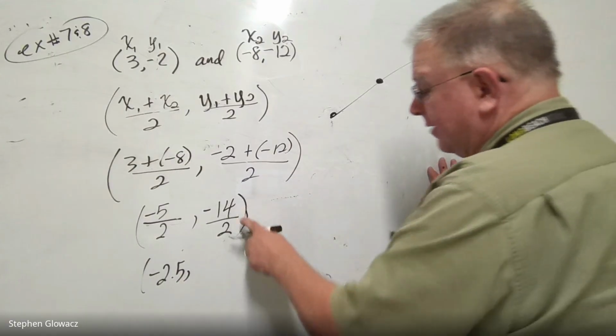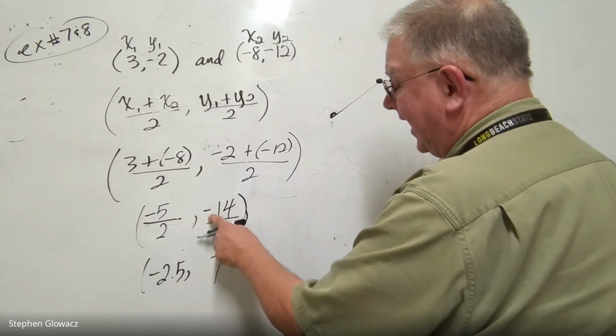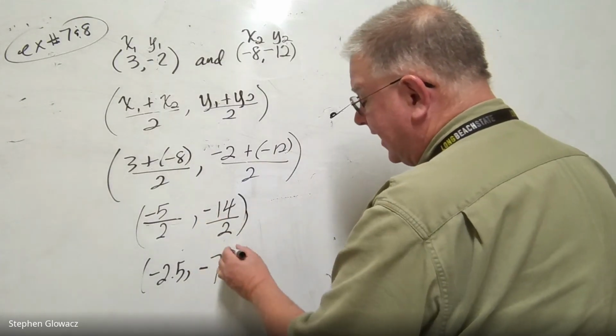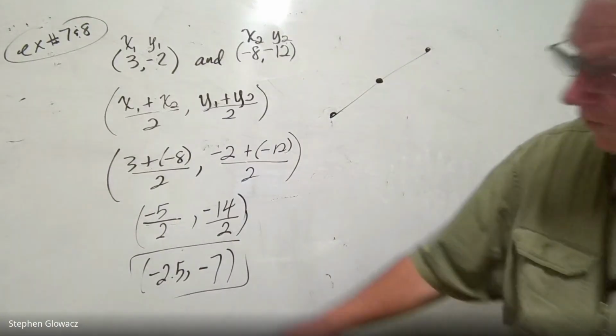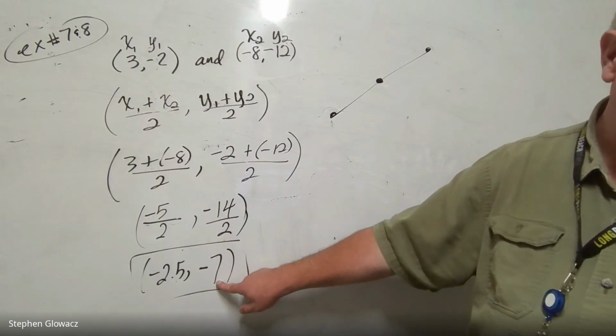So 14 divided by 2 is 7. And then a negative divided by a positive is a negative. So our midpoint here is at -2.5 and -7.